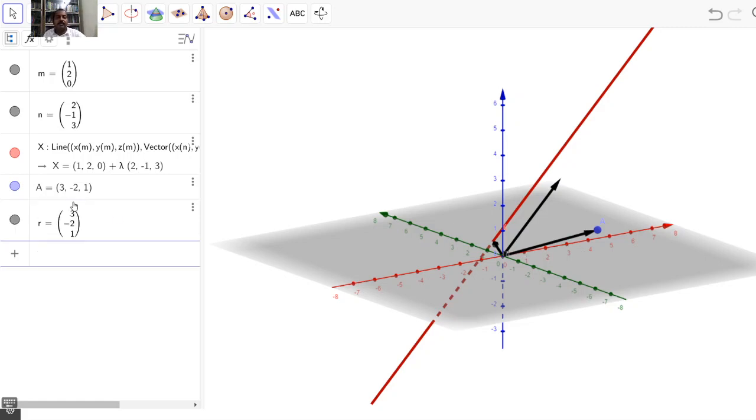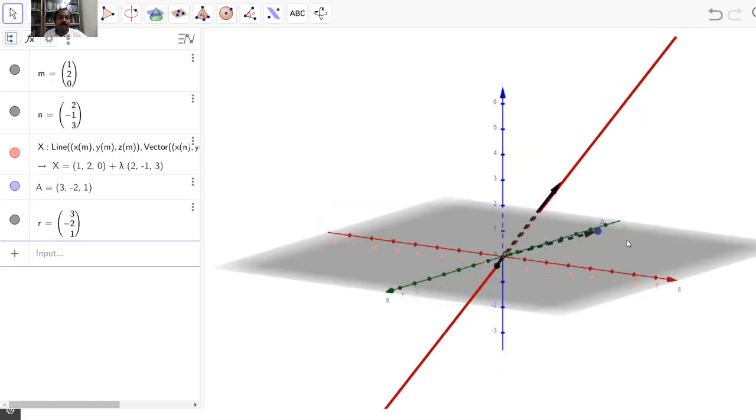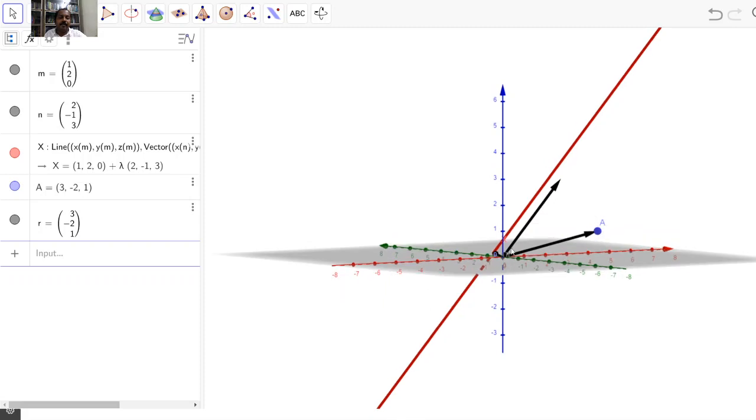Now you can see that you have our point, and you have the position vector of the point A. Now you write the vector. So that vector is this one itself.